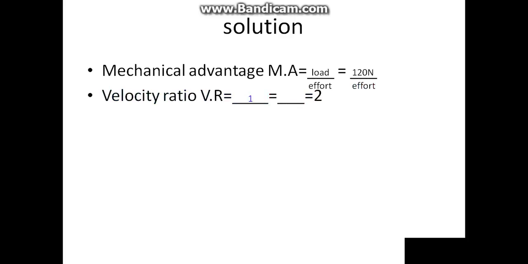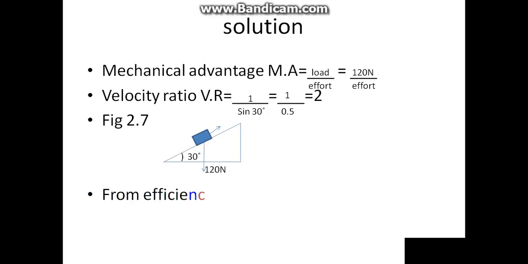Velocity ratio VR is equal to 1 over sine 30 degrees, which is 1 over 0.5, which gives us 2. Figure 2.7 shows the body on an inclined plane of 30 degrees with a weight of 20 Newton.